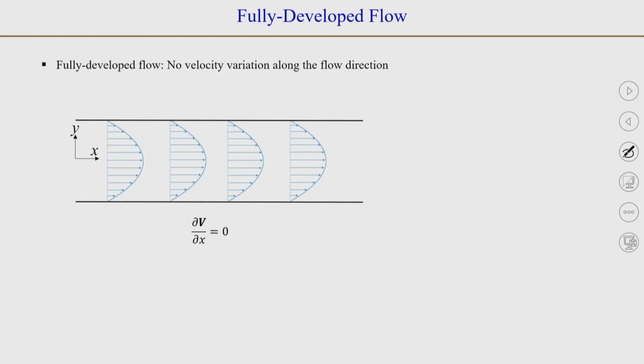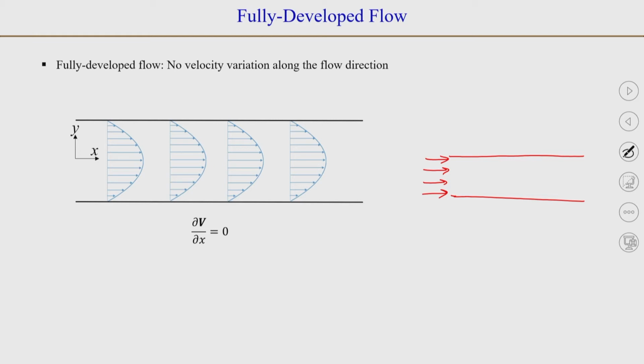So, when you have the flow entering in a channel or in a pipe or in any closed conduit, let us say that the flow enters in this channel from a pipe that is in a free stream of liquid. So, for example, a pipe in a river, far apart from the boundaries.